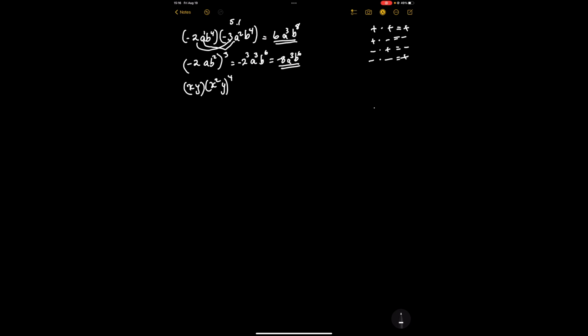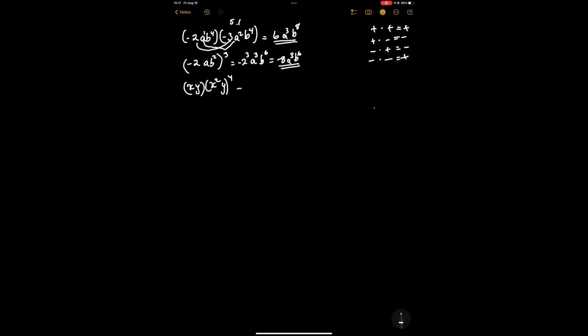This will actually be the distributive rule, meaning you're just going to multiply both together. So that would be xy times xy times x squared y.